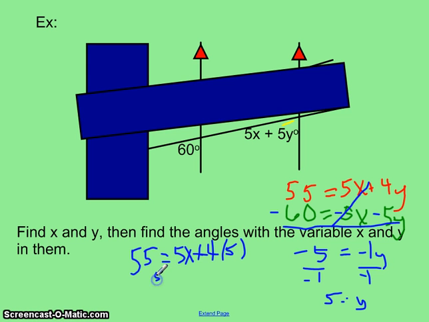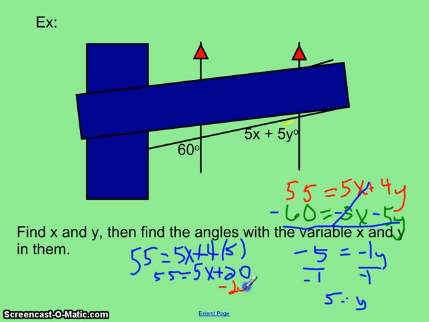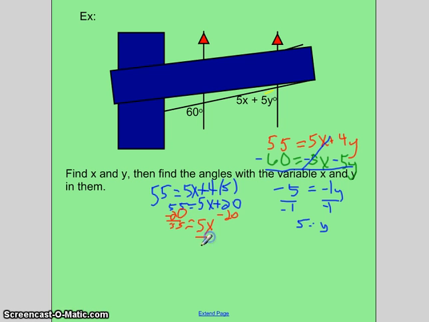So to simplify, I'm going to have 55 equals 5x plus 20, and I have to take the 20 over to the other side, so I'm going to minus that 20, which is going to leave me with 35 equals 5x. So if I divide by 5, it looks like I'll have x equals 7.